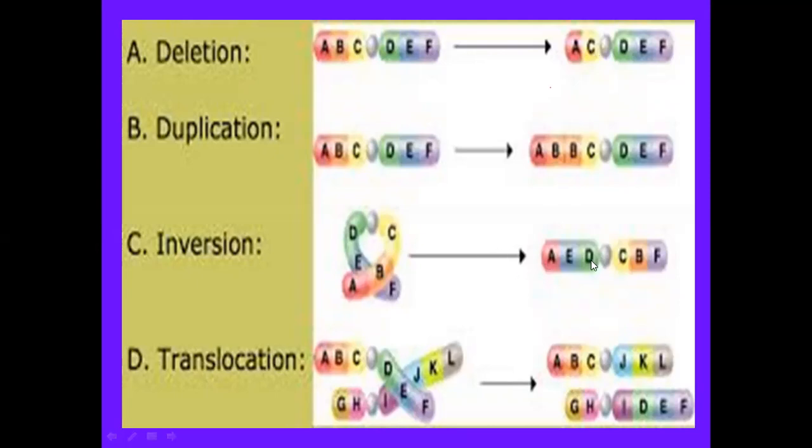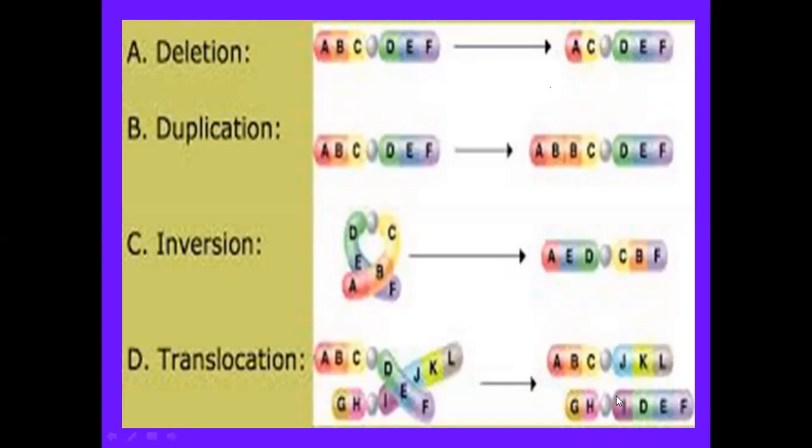A, E, D, C, B, F. So this is inversion. And translocation, A, B, C from another chromosome, from a non-sister chromatid, J, K, L has been attached, while D, E, F is attached to another part of the chromatid.